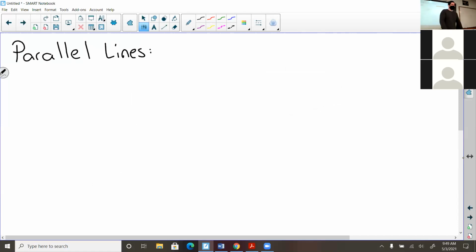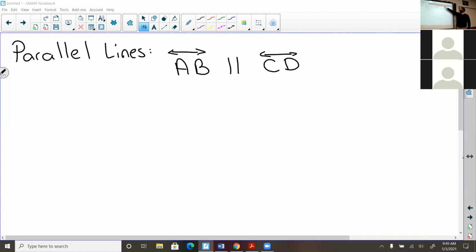All right, last two things we'll cover today are going to be parallel and perpendicular lines. So to use our geometry notation, I'm going to show that line AB is parallel to line CD. Now the symbol in between line AB and line CD, those two vertical lines, is the mathematical symbol for something being parallel.